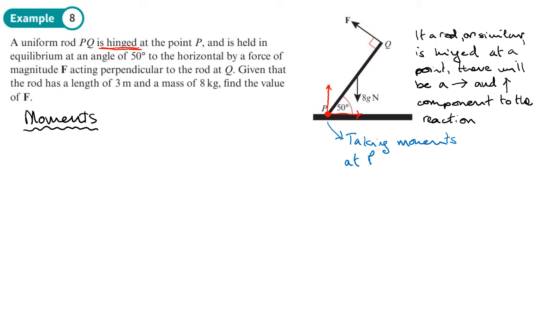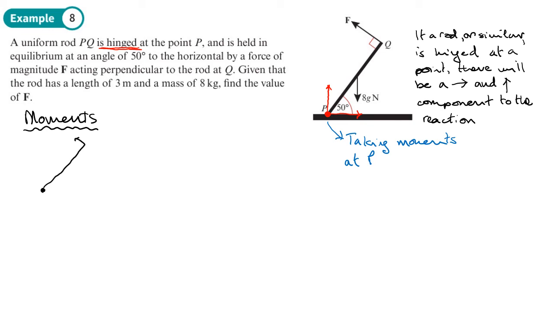If we take moments from a different point, we choose a different pivot point, then we're going to have to look at the vertical and horizontal component of the reaction at P, and we really don't want to get into that. So if P is my pivot point down here, then I'm looking at a force times the distance.